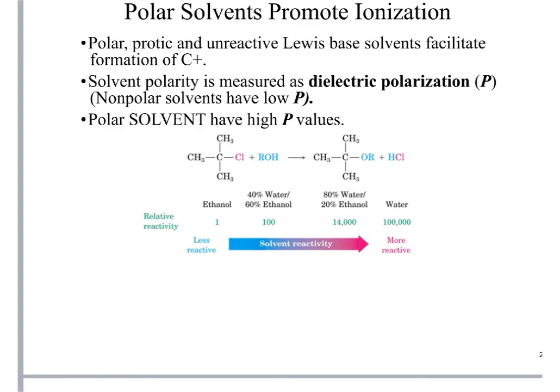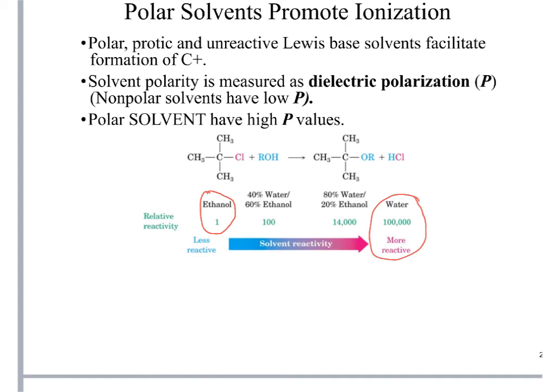So here is the solvent reactivity, or solvents that best promote SN1 reaction. Notice that on one end of the spectrum we have pure alcohol with a relative rate of 1, increasing 100,000 times when we replace pure alcohol with pure water.